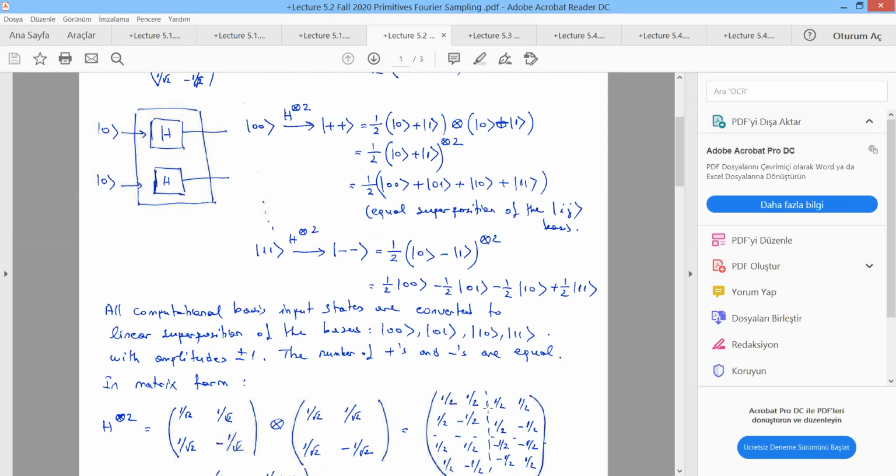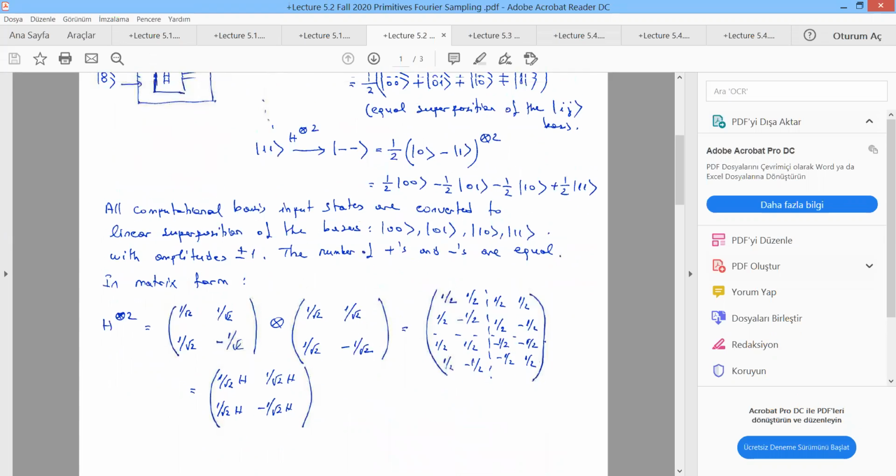And in all these cases, regardless of the number n, you could increase the number of qubits indefinitely, basically, you'd always have this linear superposition with plus and minus phases. And always the number of plus phases would equal the number of minus phases, right?